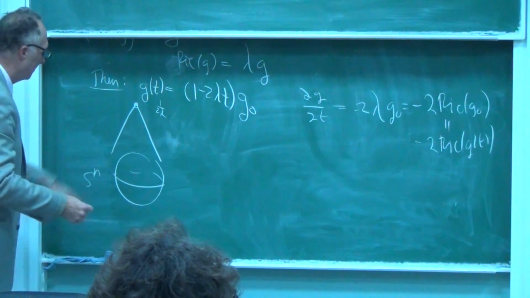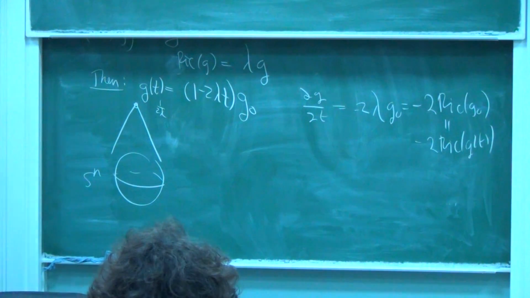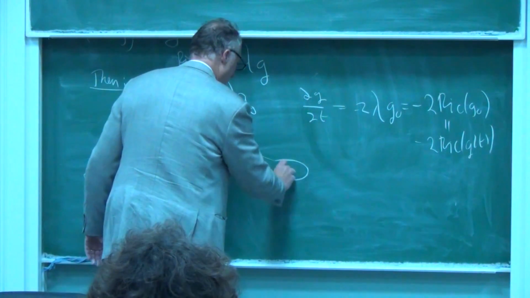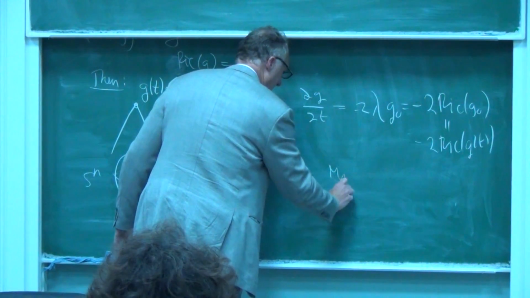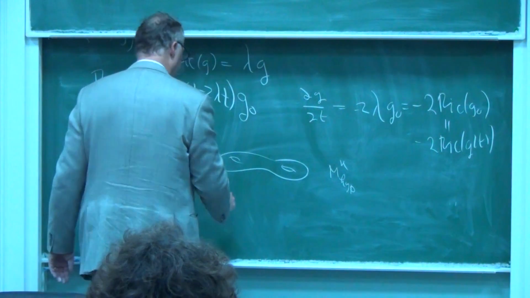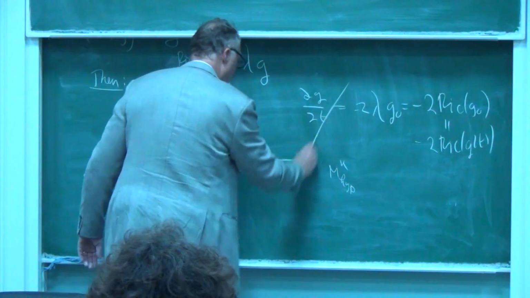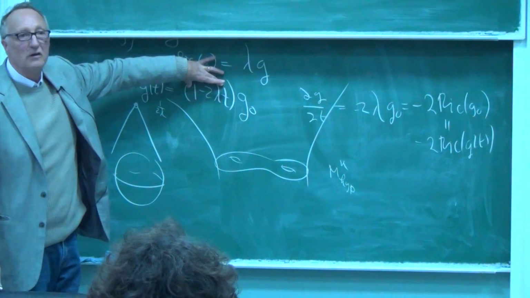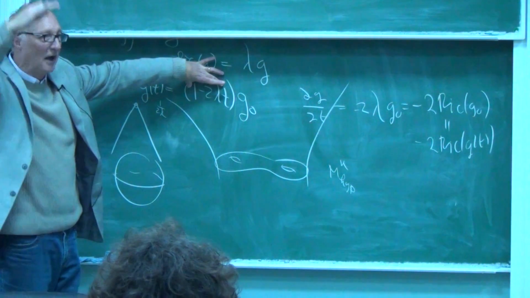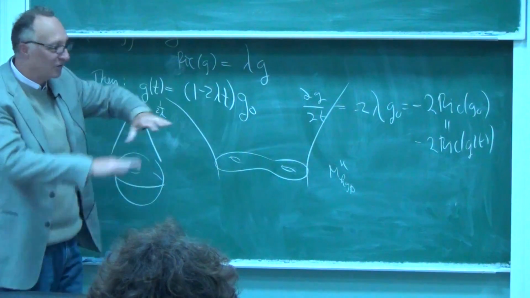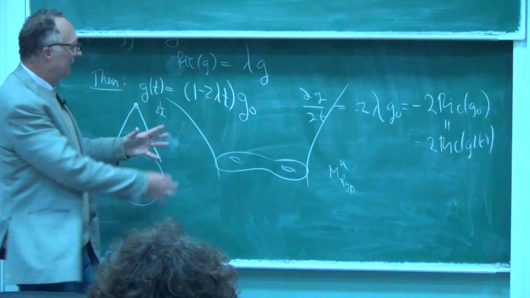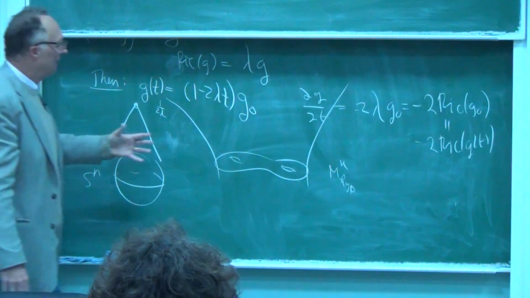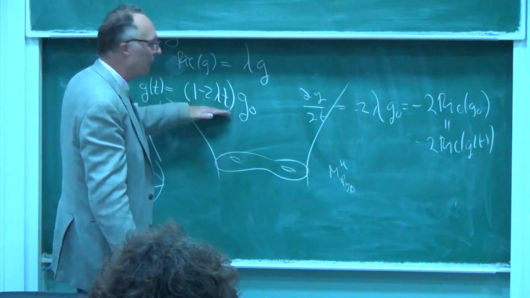So this would be the n-sphere with the round metric. If we start with a hyperbolic manifold of any dimension n, I've done it for a surface, but you could do this for any dimension, then under this flow it simply inflates by a larger and larger constant factor as time goes on. The surface becomes of larger and larger diameter. Diameter goes to infinity, area and volume go to infinity, curvature goes to 0.